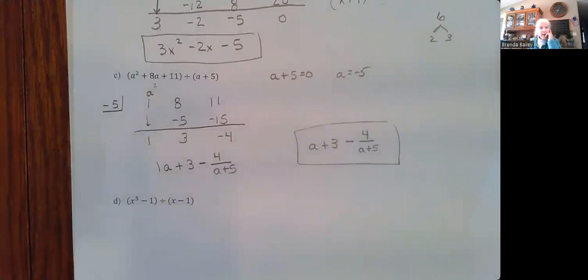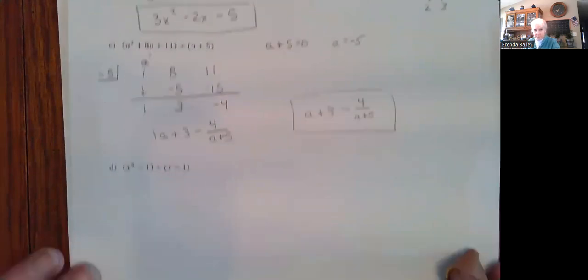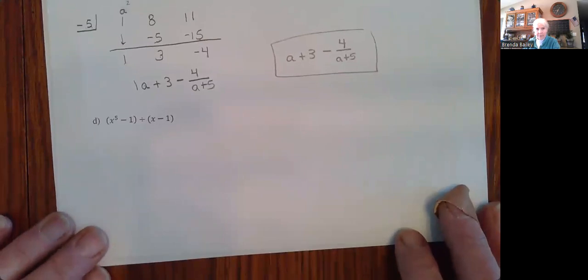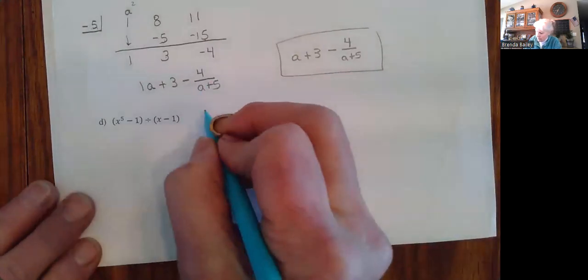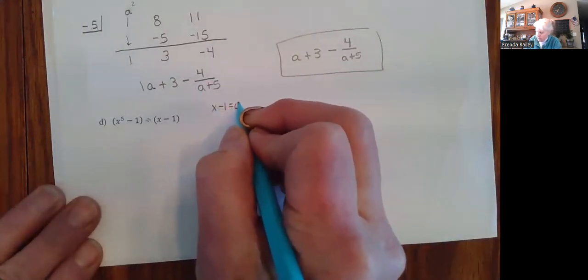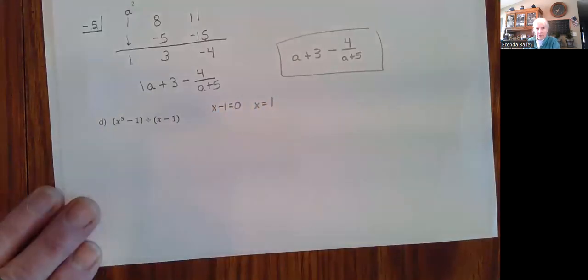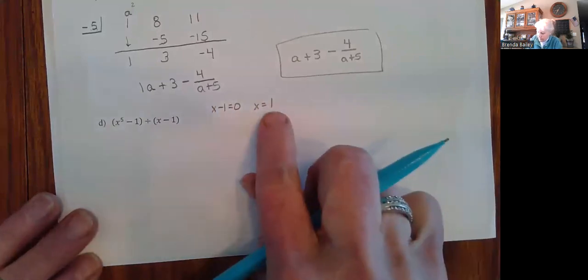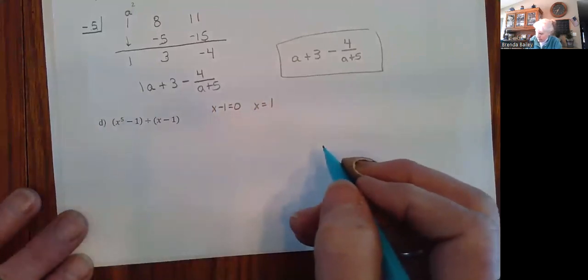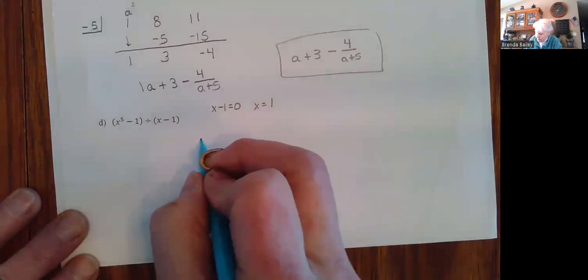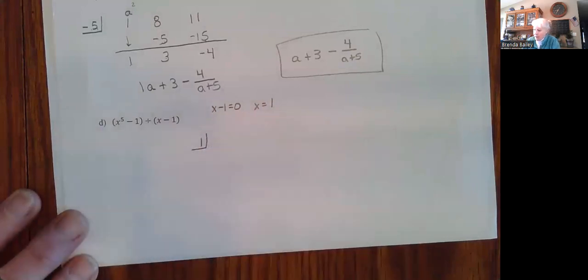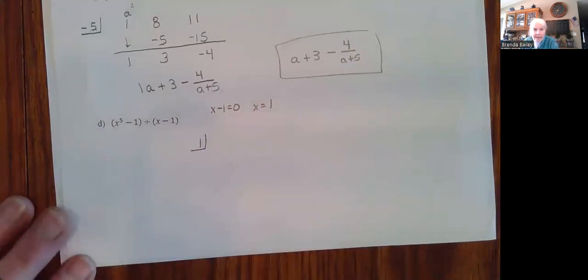Okay, let's try another one. First step, x minus 1 equals 0, so x equals 1. So that 1 goes in the box. Now we're going to list these in descending order.